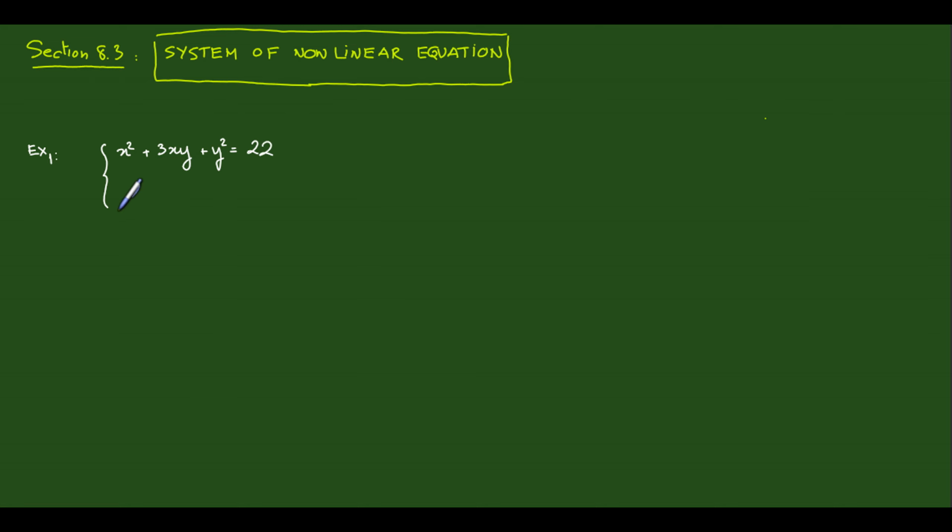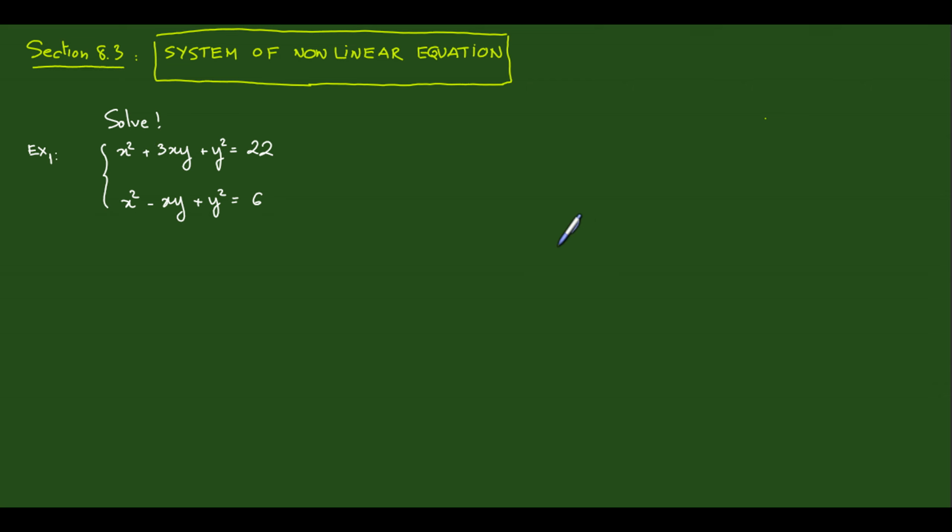And the second equation I have is x squared minus xy plus y squared equals 6. We try to solve this. You see that both of the equations here are nonlinear. Basically the highest exponent is the second degree, so it's not linear. So it's different from the one we already learned in college algebra.